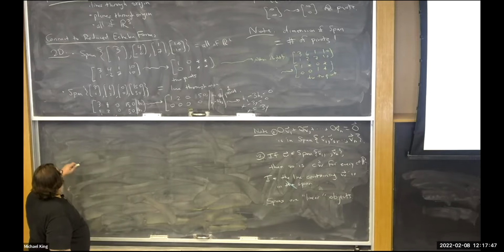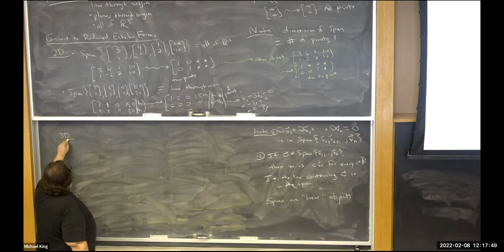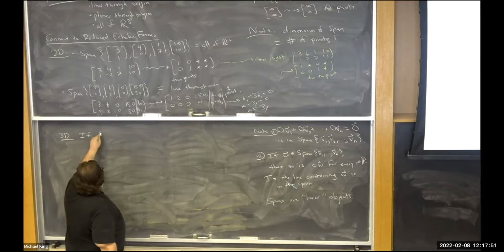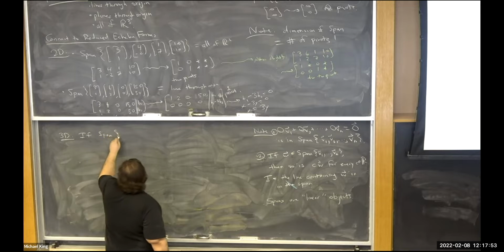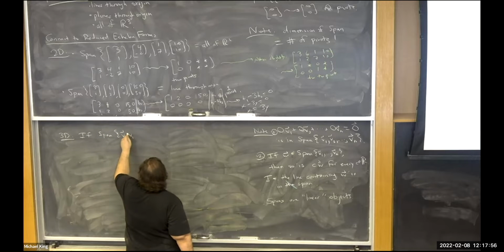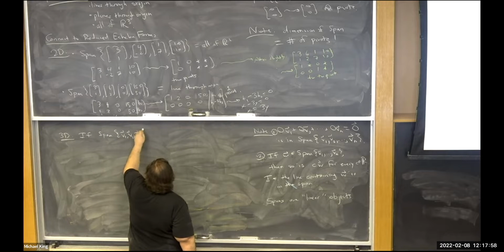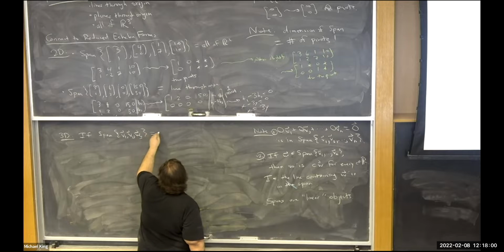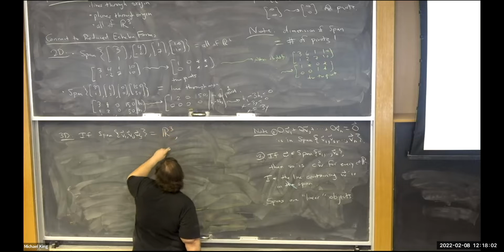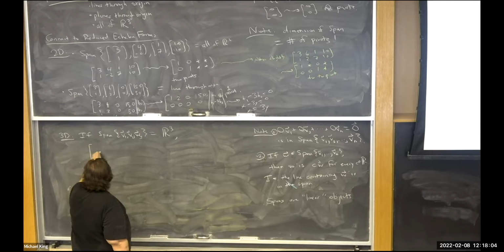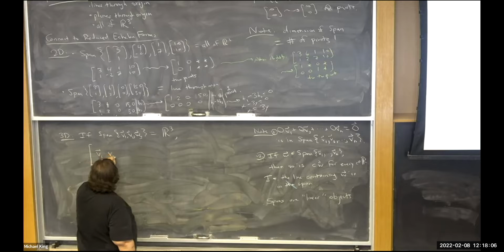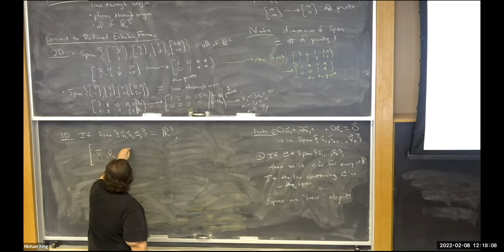So, just a 3D example. Let's say we actually had 3 vectors whose span equals all of R3, then the matrix whose columns are V1, V2, V3.